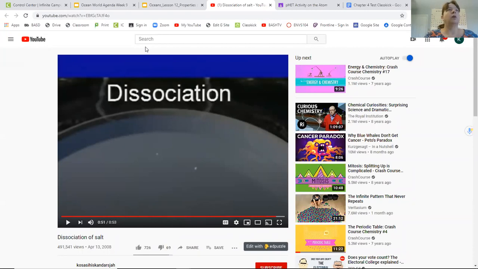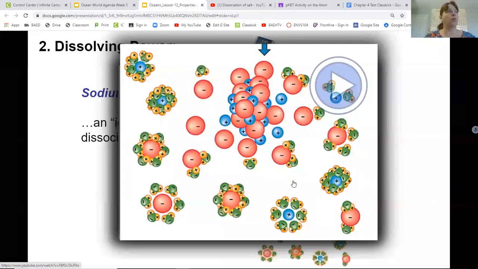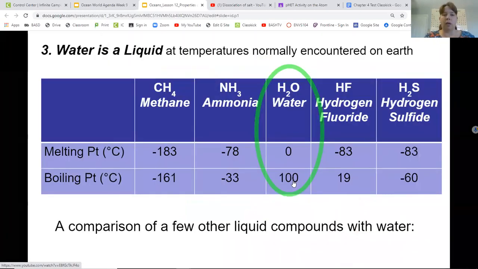Okay, one last thing here. So we'll do one last quick property. This one's easy. Property number 3, water is a liquid at temperatures normally encountered on Earth. So water is one of only 2 hydrogen-based compounds that's actually a liquid at what we call room temperature.